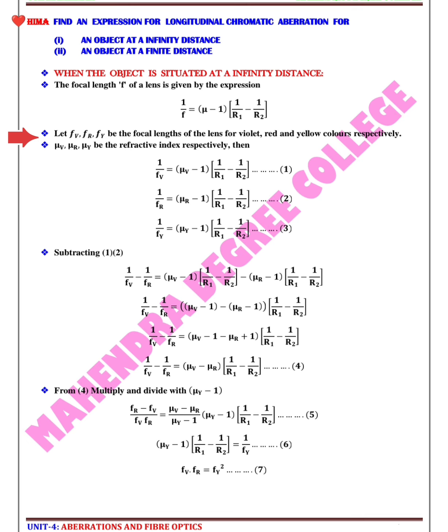Mu V, mu R, and mu Y represent the refractive indices for violet, red, and yellow light. Using the lens maker's formula, applying to different colors.